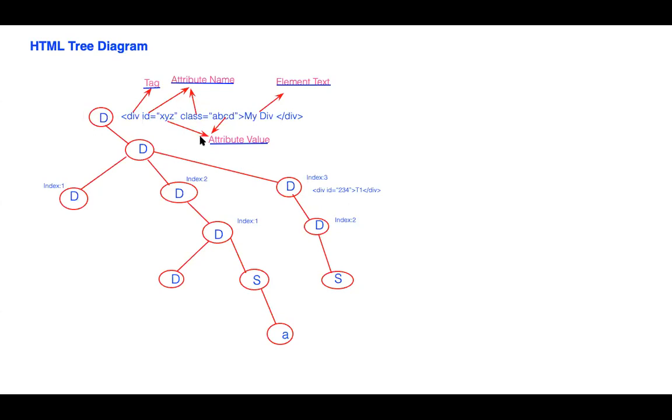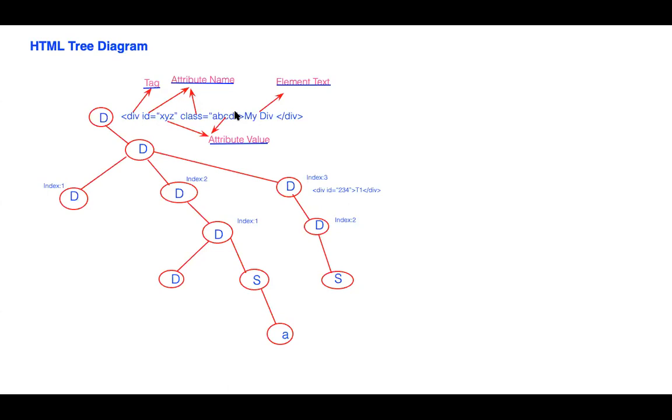So this object has ID and class as its property names or attribute names, and these are its attribute values. So this is an element, its tag is div, its attribute names are ID and class, and it can have many more attributes. I have only mentioned 2, but it could have many more, and these values actually uniquely identify this element.